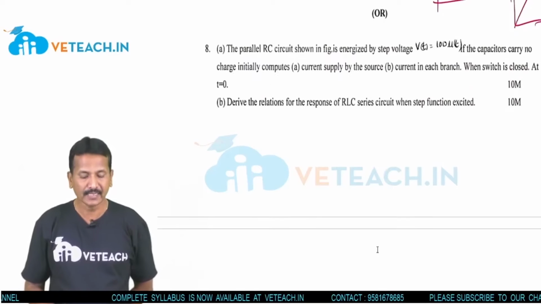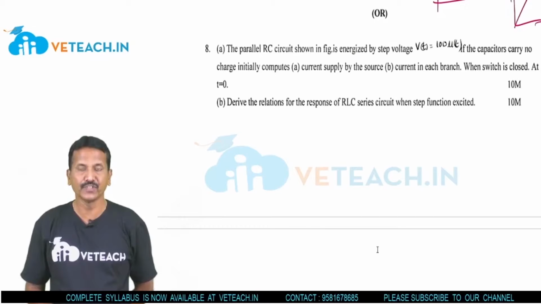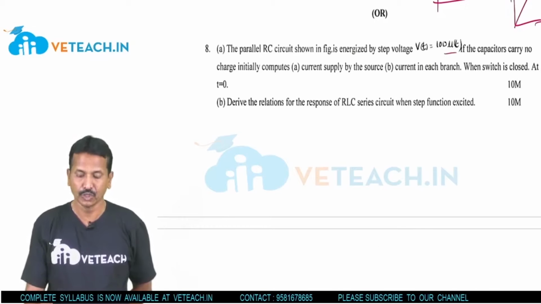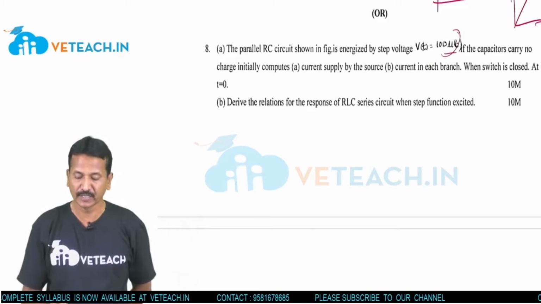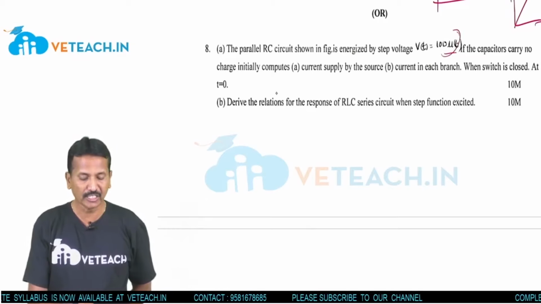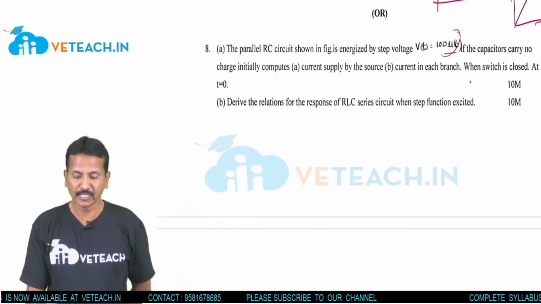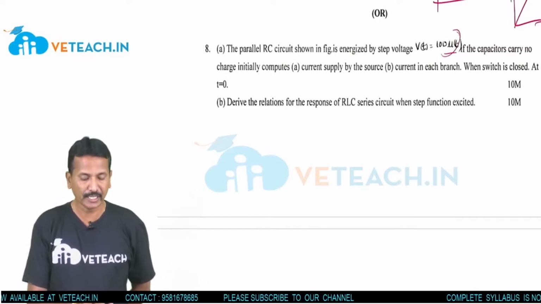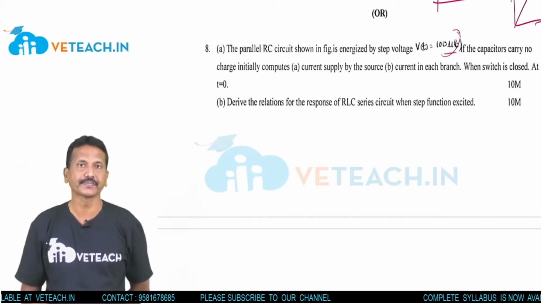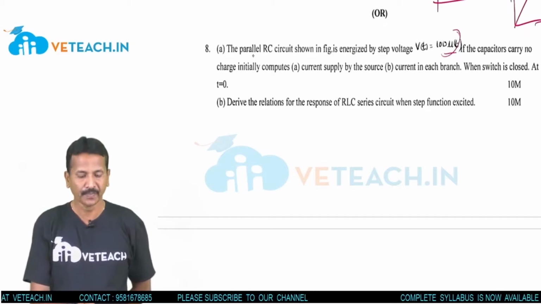The parallel RC circuit shown in the figure is energized by the step voltage V of t equals 100 u of t. u of t is a step function. If the capacitor carries no charge initially, compute the current supplied by the source and the current in each branch when the switch is closed at t equals 0.